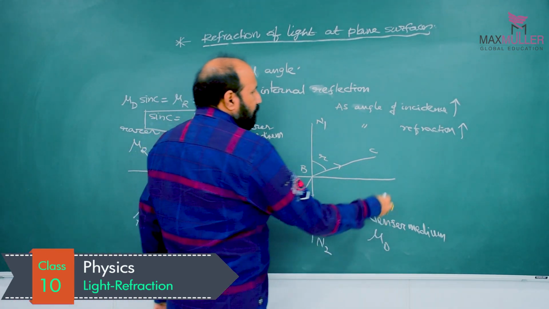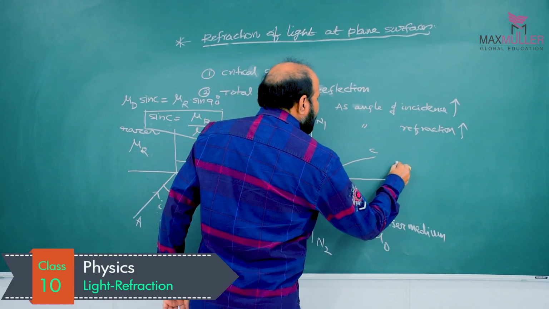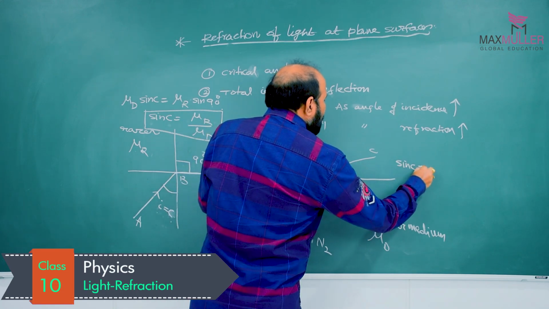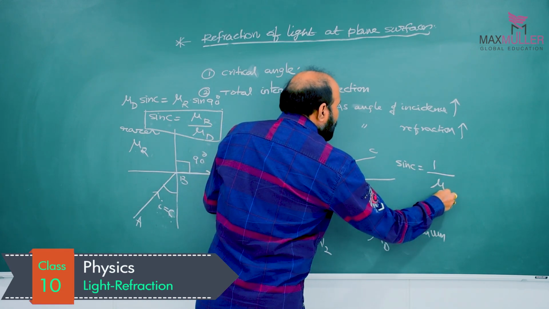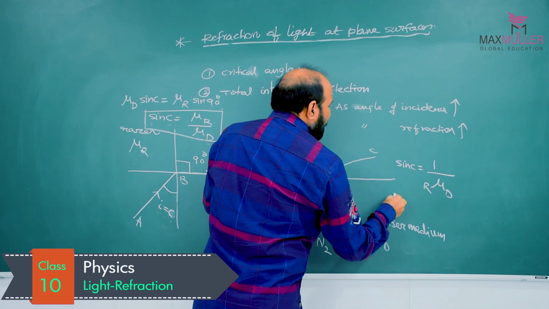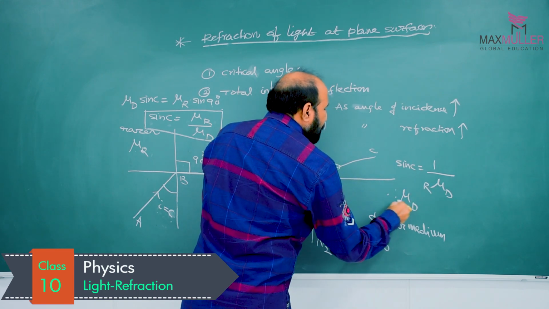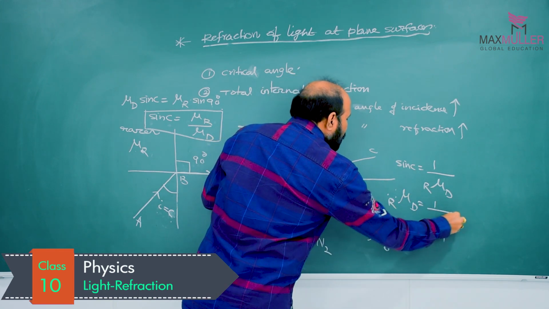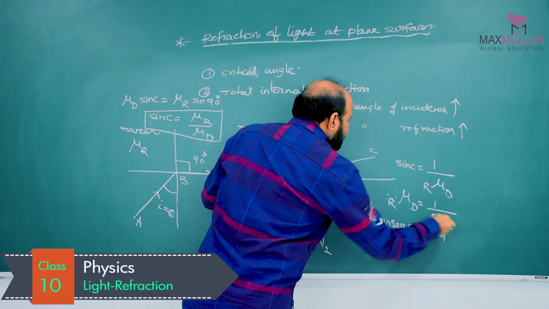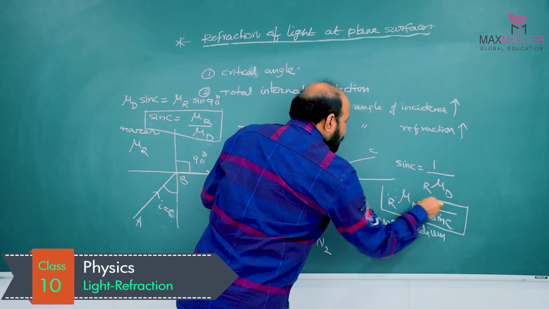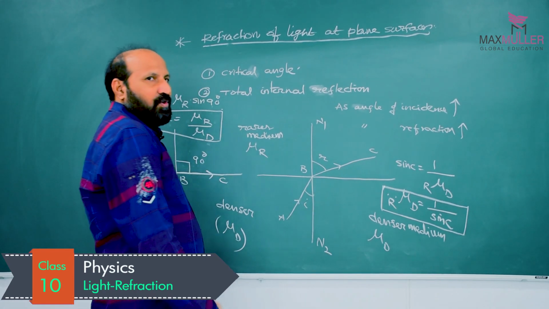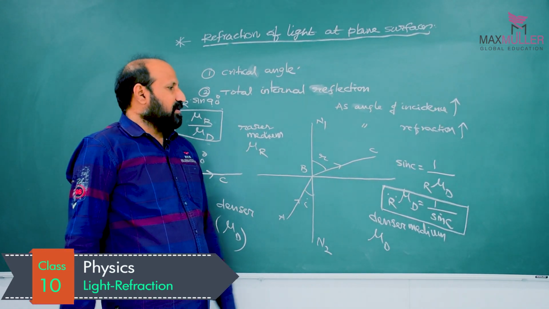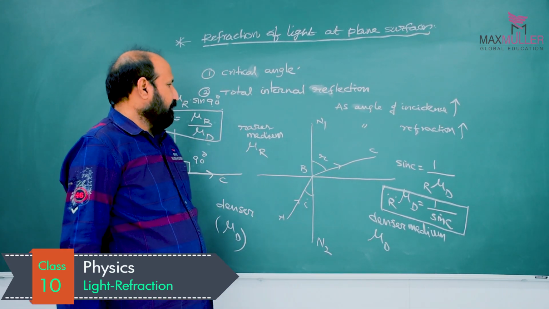So therefore, you can also write sin C is equal to 1 by mu of denser with respect to rarer. Therefore, mu of denser with respect to rarer is equal to 1 by sin C. Very important and useful relation.